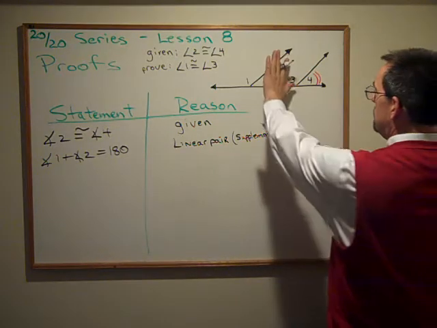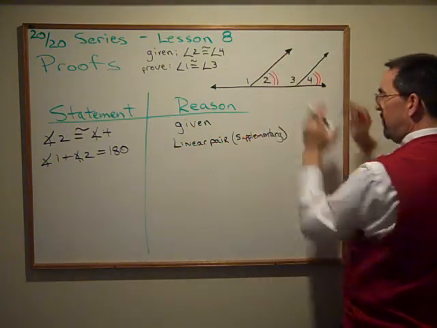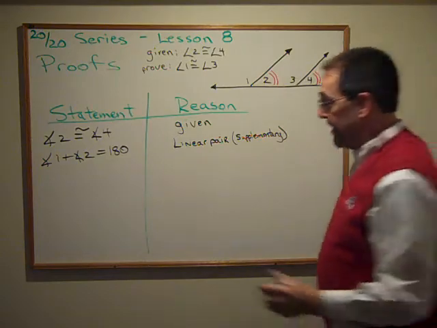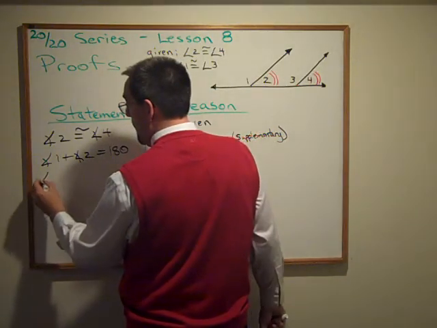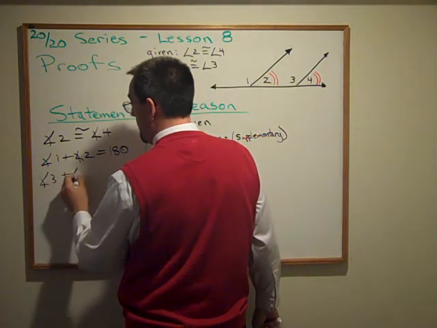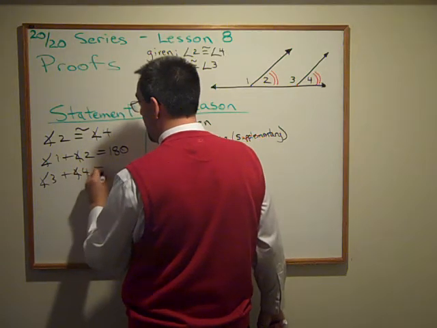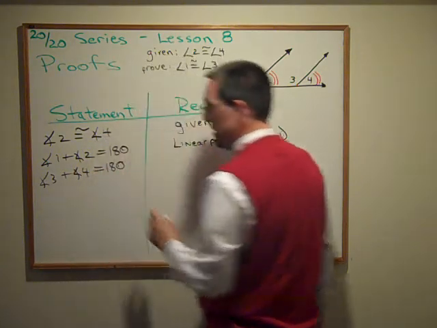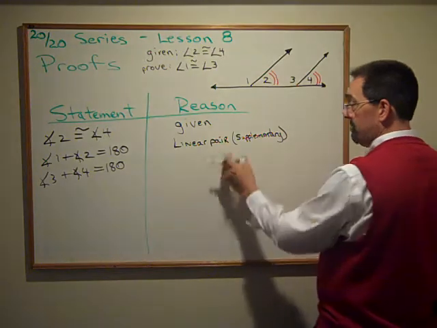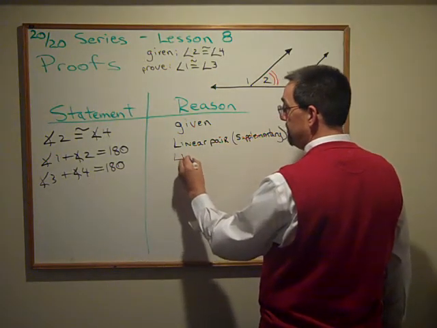Now, put this off and just look at 3 and 4. We can say the same thing. Angle 3 plus angle 4 is equal to 180. Same reasoning, linear pair, supplementary.